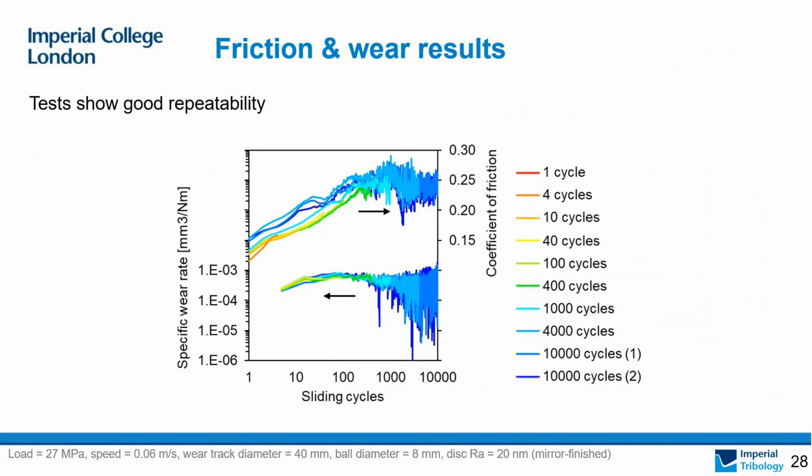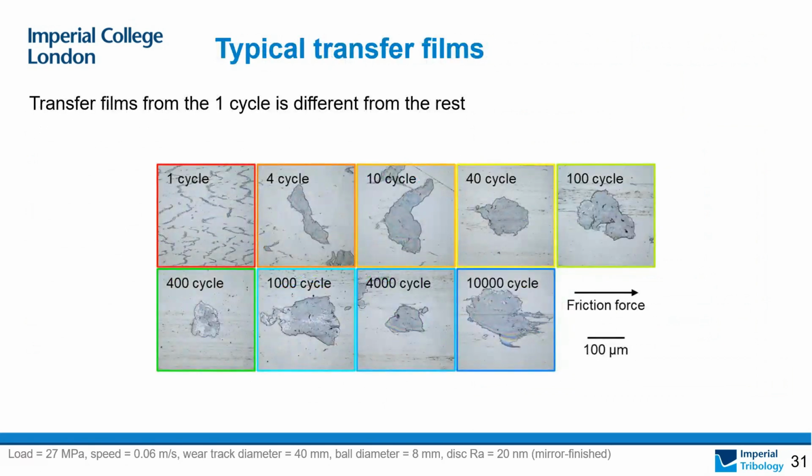This is a graph of coefficient of friction and wear rate against sliding cycles. The left axis is wear rate, and the right axis is coefficient of friction. And as we can see, these lines overlap well with each other. This indicates a good repeatability of our test.